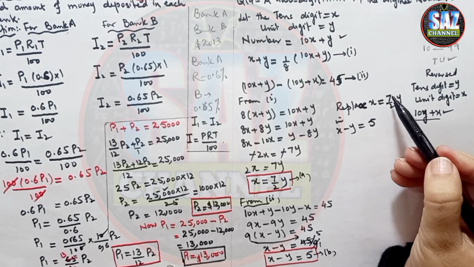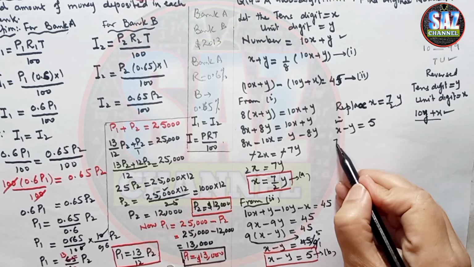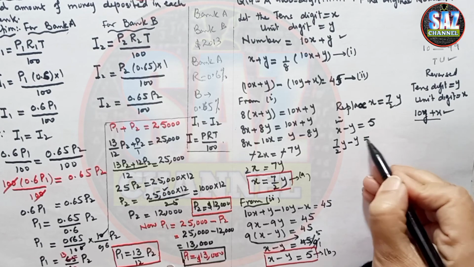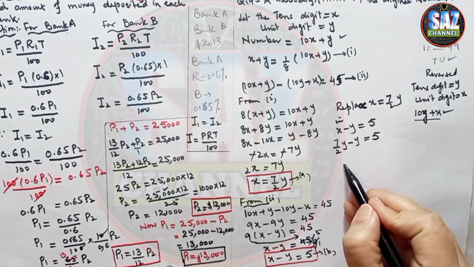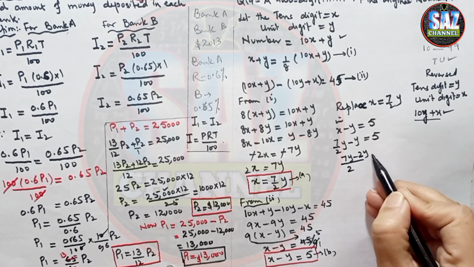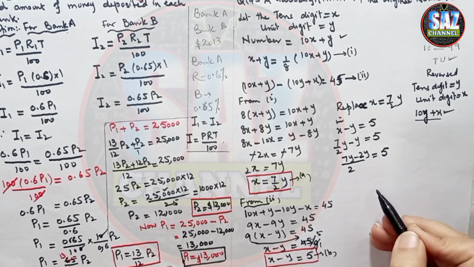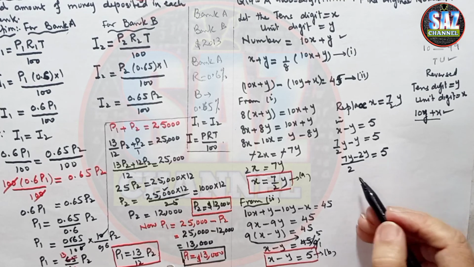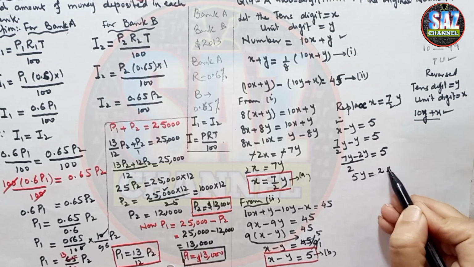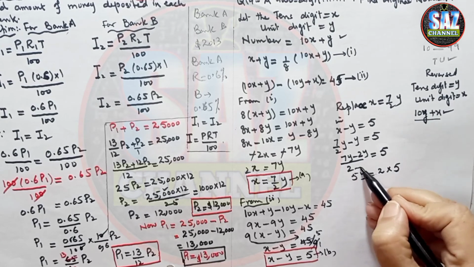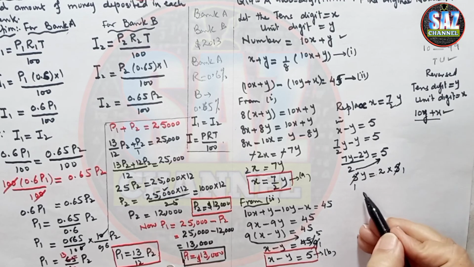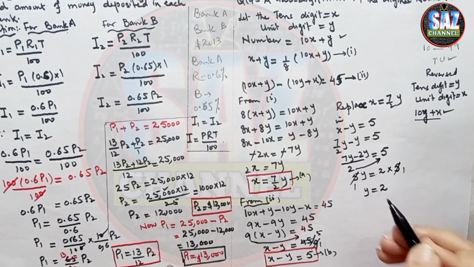When I replace x by 7 by 2 y, 7 by 2 y minus y equals 5. Take the LCM. 7y minus 2y over 2, and 7y minus 2y is 5y, equals 2 multiplied by 5. Shift this 2 to the other side. Now this 5 can go with this 5 and y equals 2.